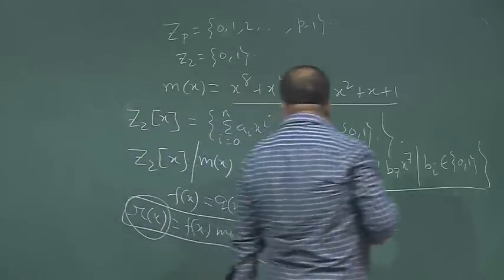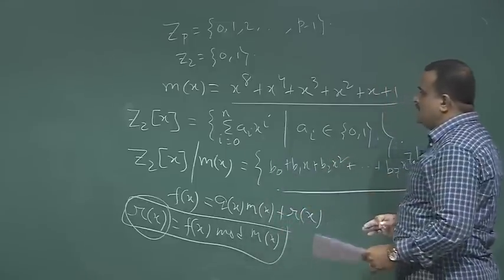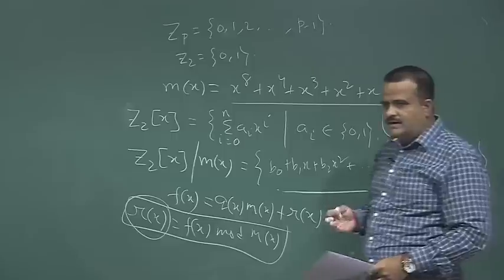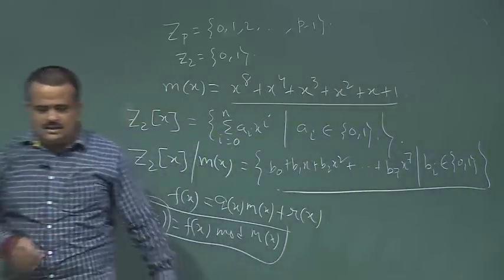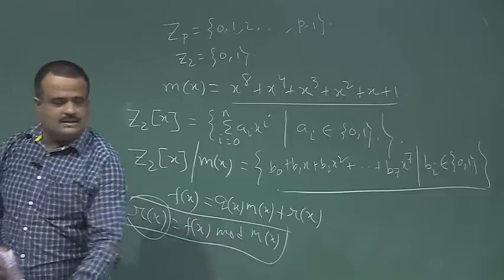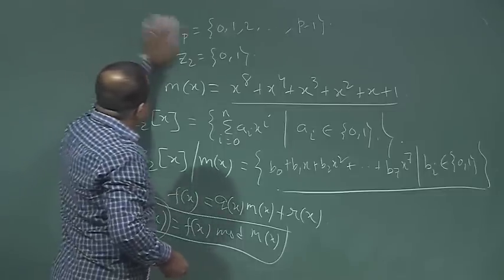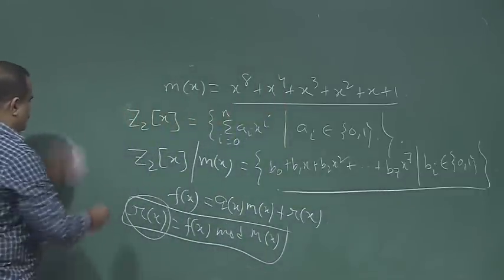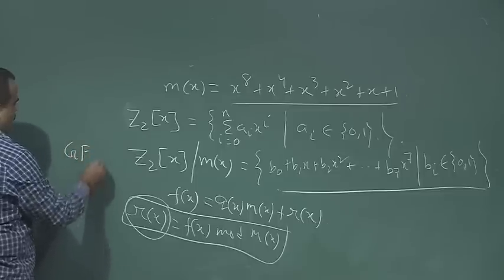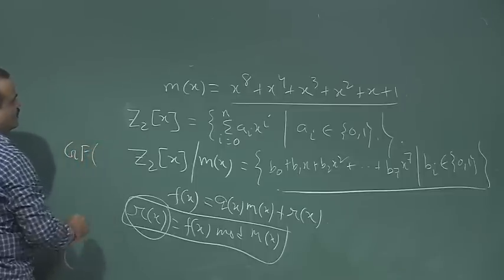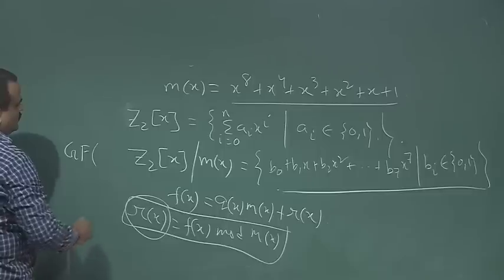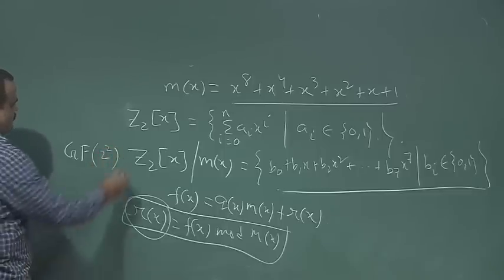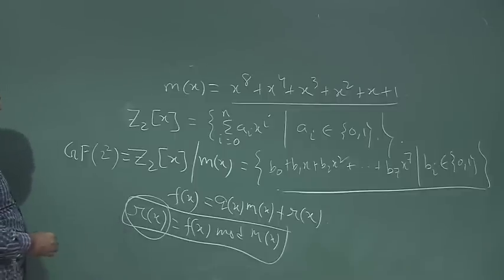Now, it can be shown that this polynomial set will form a field under polynomial addition and multiplication, and this we denote by GF, the Galois field.